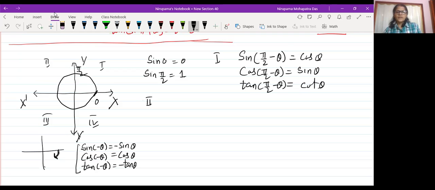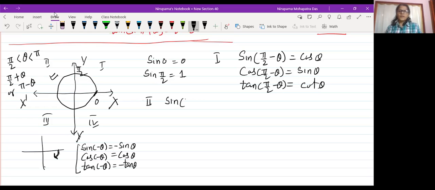Now, first quadrant you are familiar with. We will start with the second quadrant. As you know, a second quadrant angle is more than pi by 2, less than pi. So we can express any angle in the second quadrant as pi by 2 plus theta or pi minus theta.